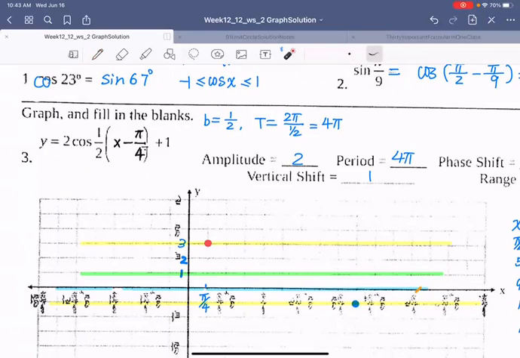Next one. You are not able to finish the graph by just locating this point. You have to find those patterns, okay? Look at this. Who is your period? Cindy. 4 pi, right? So that means you will repeat this pattern every 4 pi.